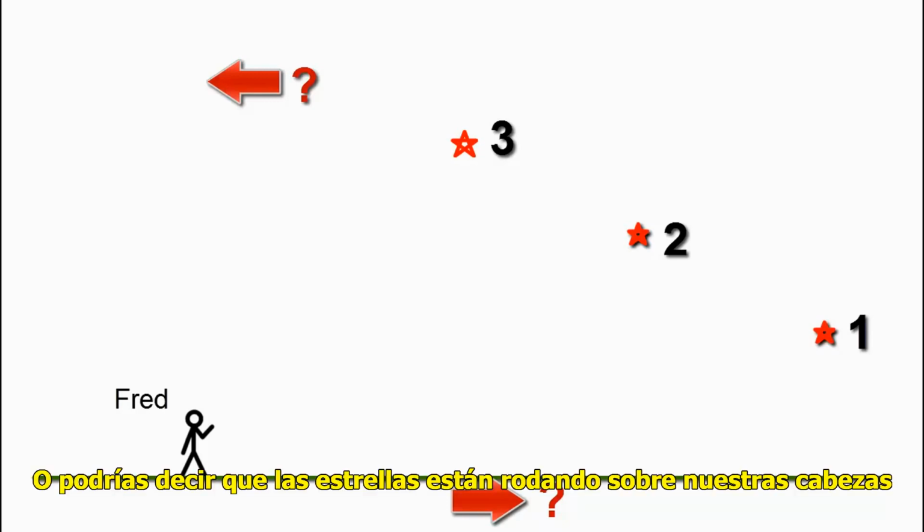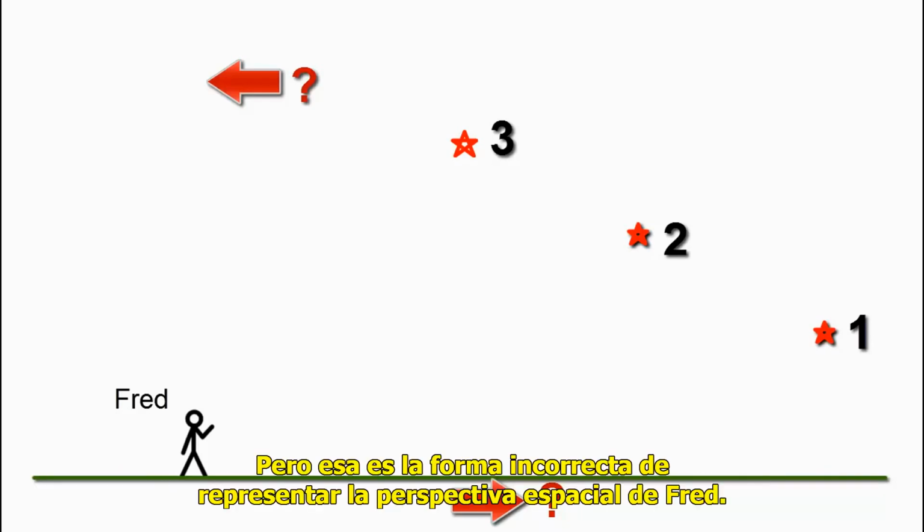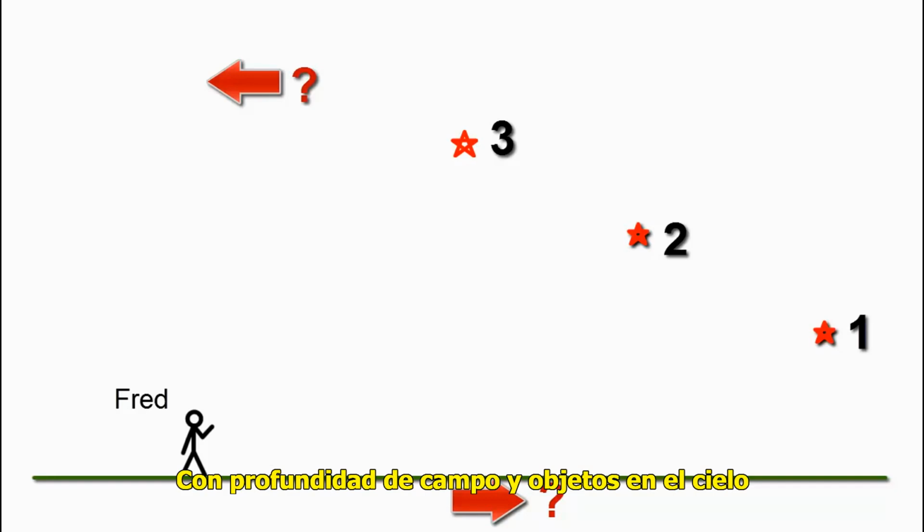Or you could say that the stars are rolling over our heads as we remain stationary on the ground. But this is simply the wrong way to represent Fred's 4-dimensional perspective with depth of field and objects in the sky being close to the horizon because they are further away, and high in the sky because they're closer.